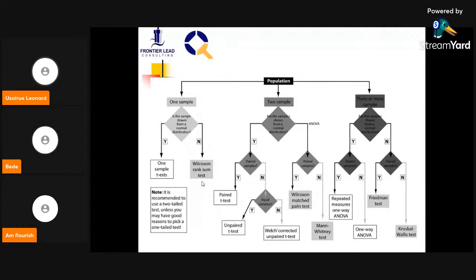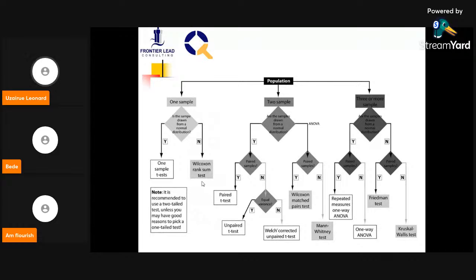Both the Wilcoxon matched pair test and the Mann-Whitney test are non-parametric, while the paired t-test, unpaired t-test, and Welch corrected t-test are parametric tests.